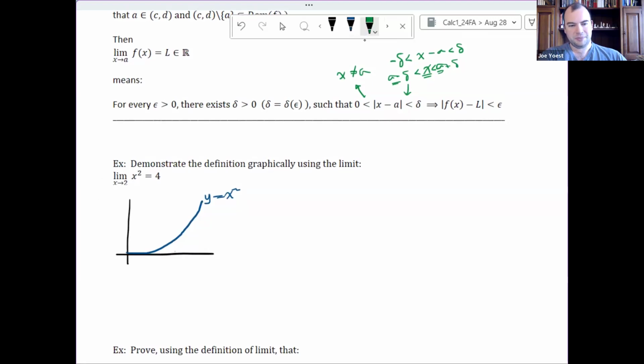I'm interested in what happens at the point 2, x equals 2. I'm looking for the limit as x goes to 2 of x squared. And my claim is that it's 4, that the limit is 4.